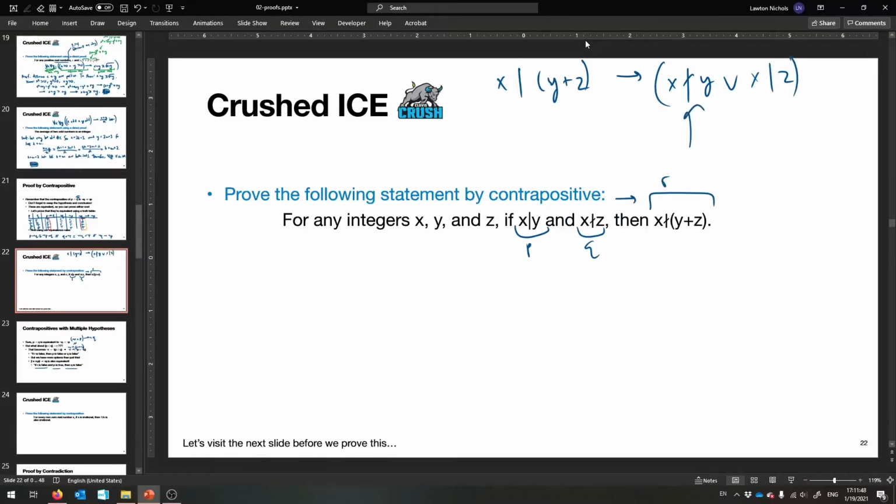And it's really hard to prove a not divide thing, okay? That's the reason we can bring this back over here, using our equivalences. We can say this is equivalent to saying if x divides y plus z and x divides y, then x divides z. If you do this one instead, it's going to be a lot easier to prove. Okay, so let's give the proof now.